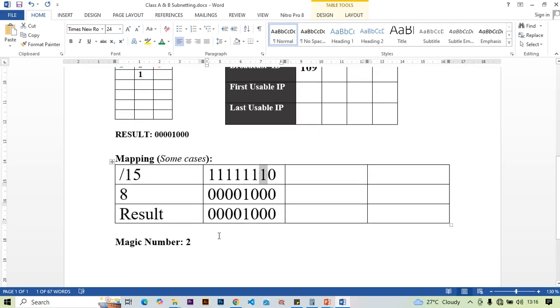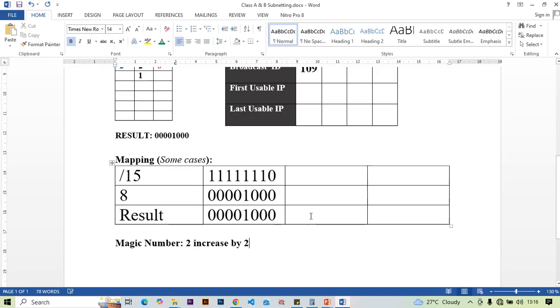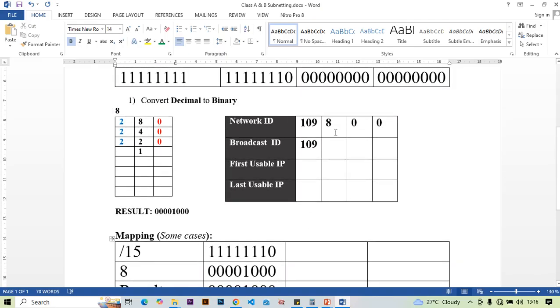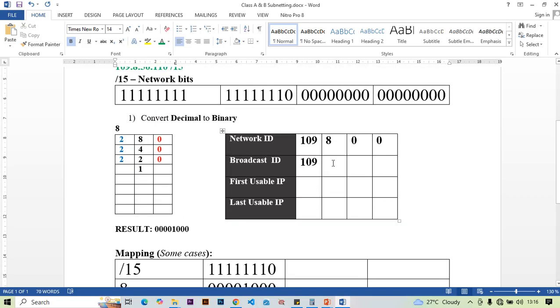So this simply means our network is going to increase by 2. And so that simply means that if we add 2 to this network here, it will give us the next network ID of that network altogether. So adding 2 would mean we have 10.